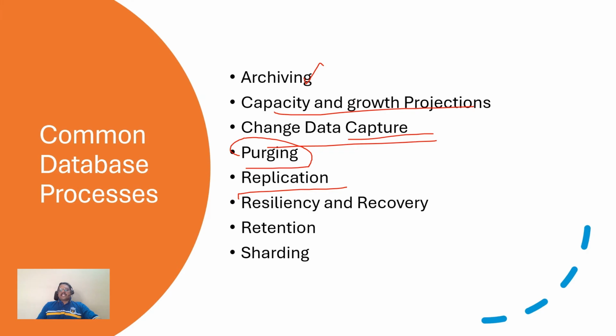It also uses techniques called log shipping and mirroring for replication. Then we have something called resiliency and recovery. This process ensures that databases can withstand failure and recover data after incidents. And DAMA DMBOK stresses robust backup, failover, and recovery strategies to minimize downtime and data loss.